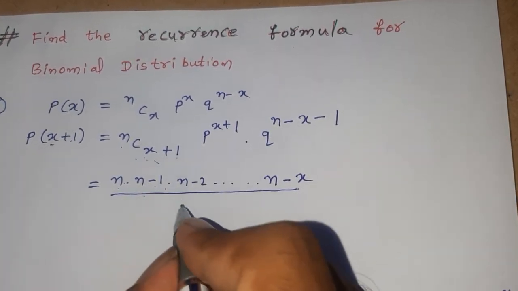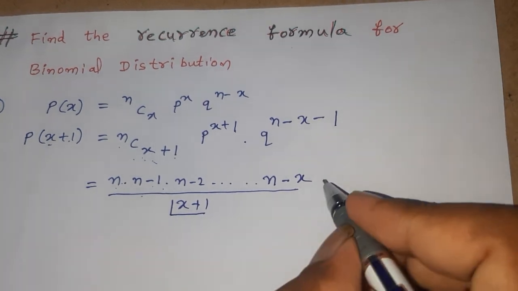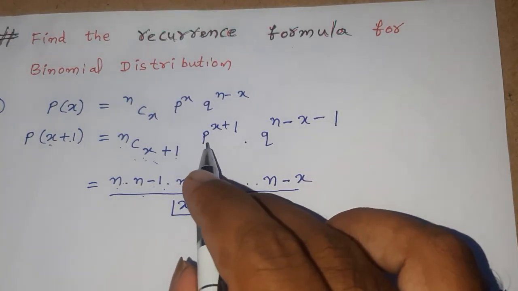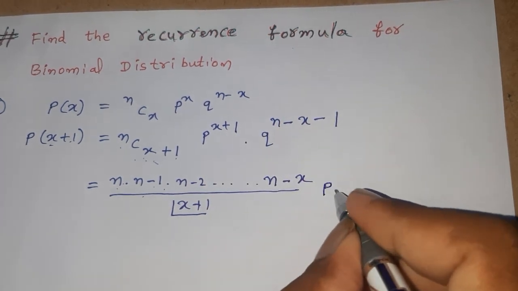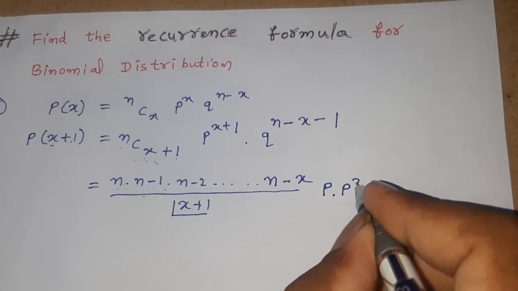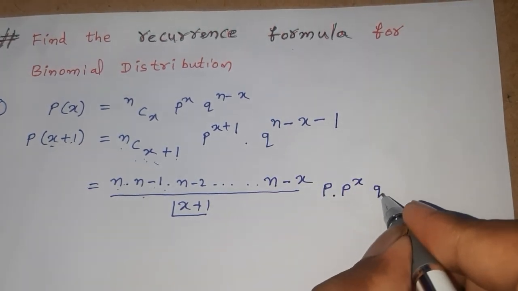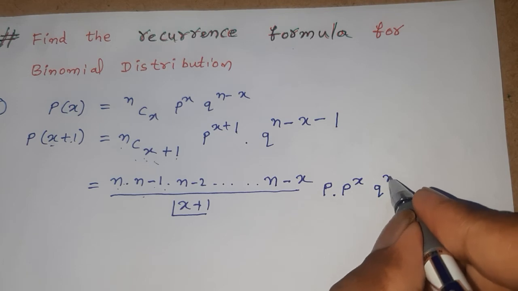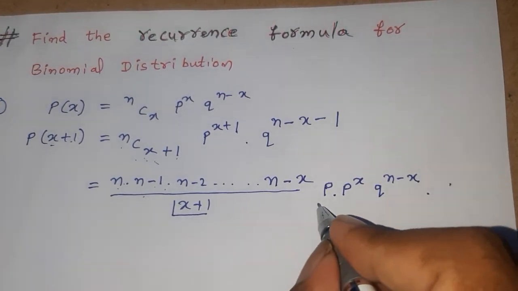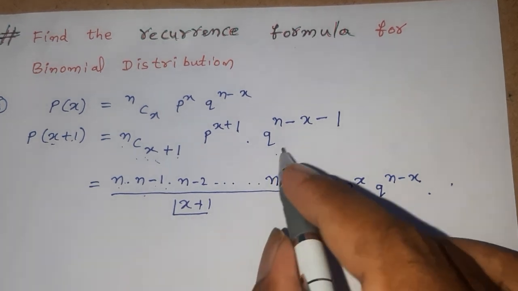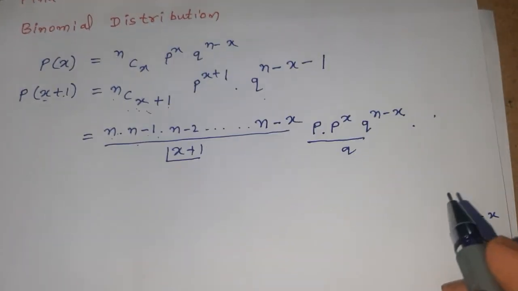Therefore, we have x plus 1 terms divided by x plus 1 factorial, into, we can write p power of x plus 1 as p into p power of x, and q power of n minus x minus 1 as q power of n minus x into 1 by q.